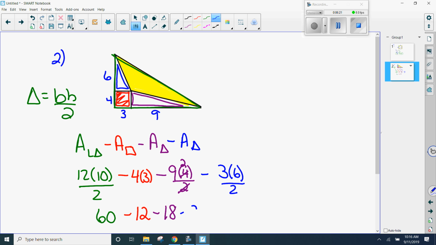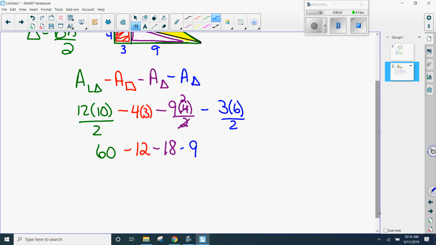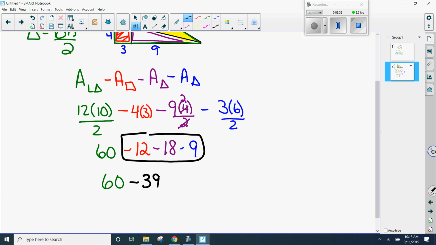So you get 9. So it's going to be 60 minus what? What happens if you group those negatives right there together? 39. What's 60 minus 39? 21. Now don't forget, we have to put units down because some of us are struggling with units. So your units would be square meters.